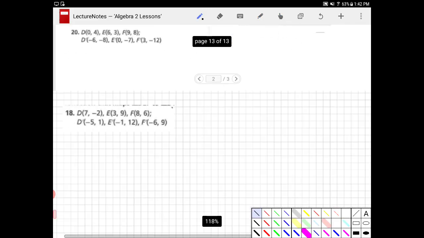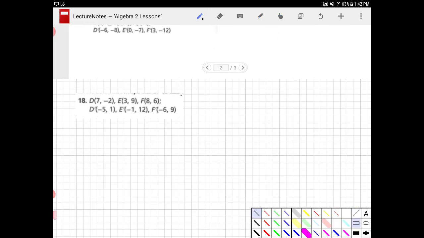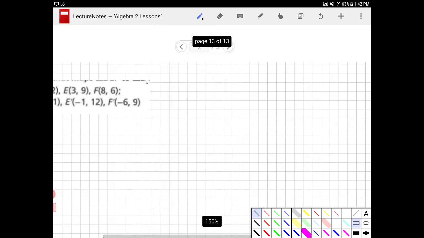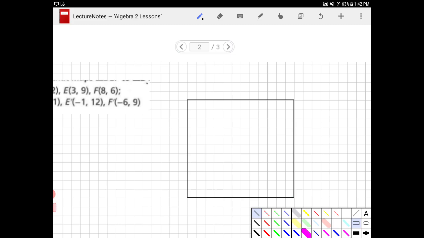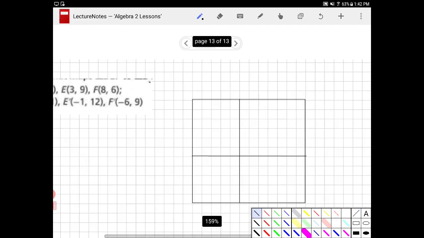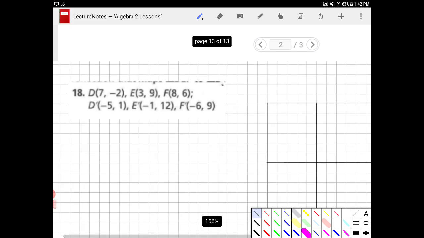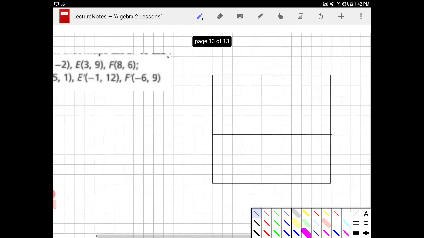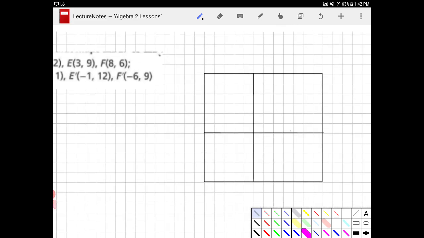And I want to plot out DEF. So let's take a look. I'm going to make myself a grid. Okay. So DEF, where is DEF? So D is 7 comma negative 2. So 2, 4, 6, 7 comma negative 2 is right there.